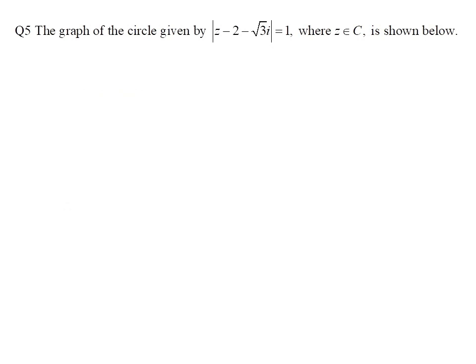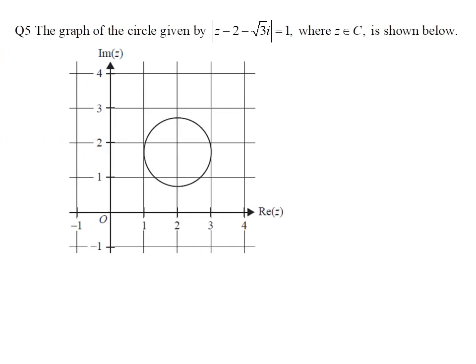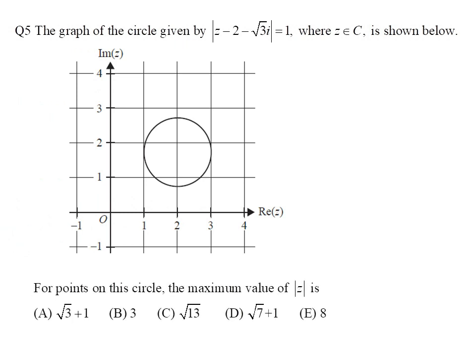Question 5 provides a circle function, modulus of z minus 2 minus square root of 3i equals 1, where z is a complex number and its diagram is shown on the screen. The question here is to find the maximum modulus value of z from 5 given choices.